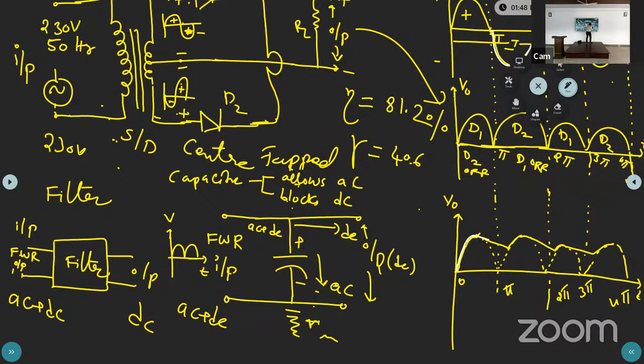This one. Now are the oscillations reduced, or are the oscillations the same? Were they reduced or increased? So now if you draw like this, then what will happen? The same waveform like this.